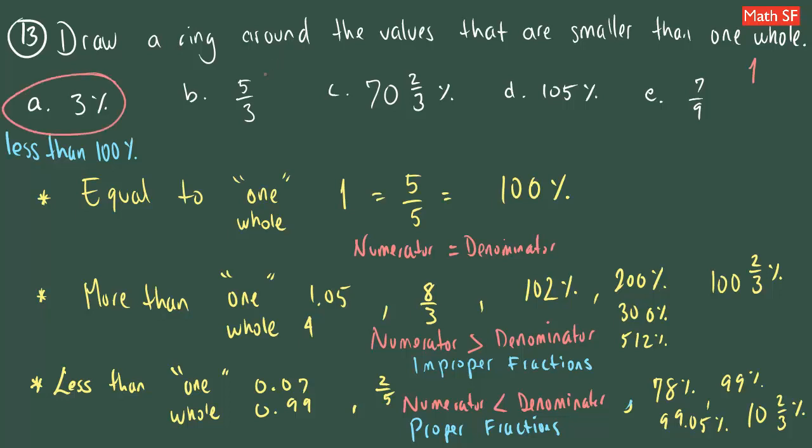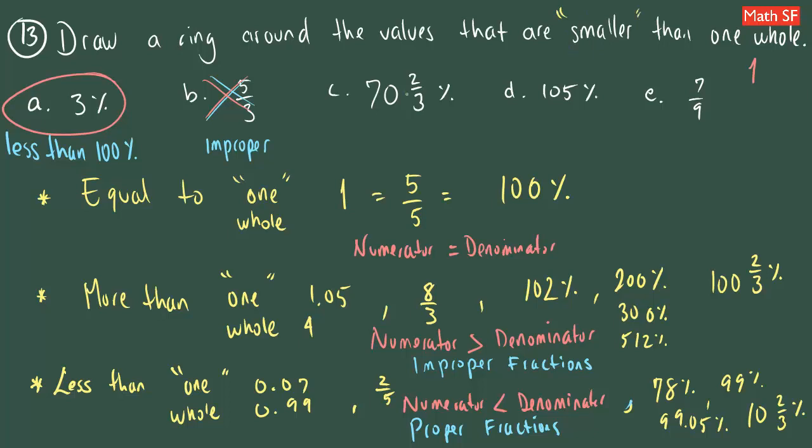Now, what other? 5/3. This is an improper fraction, so that's not an answer, because they want you to pick smaller than one whole.